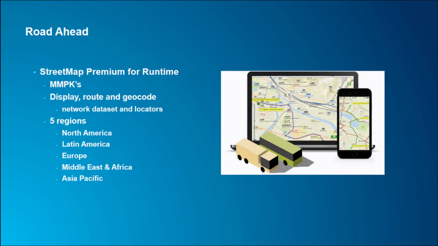These are just pure MMPKs, so not the file geodatabase that I talked about for custom roads. They're for display, routing, geocoding, not for editing or adding, but they're at least data that you could use. They're actually the same ones that come within the Navigator application, and it is broken up into multiple regions that you can purchase.